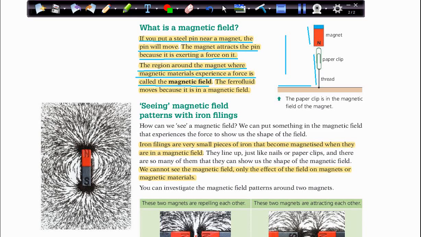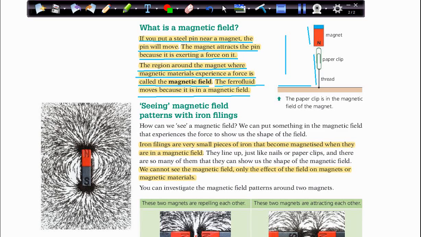The ferrofluid moves because it's in a magnetic field. So any magnetic material that comes near a magnet will enter the magnetic field, will experience a force, and the magnet will attract it.